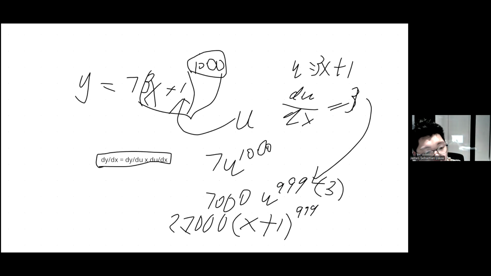Like here you have dy dx, dy du, du dx. This is interconnected. This is why we call this chain rule, in a sense.